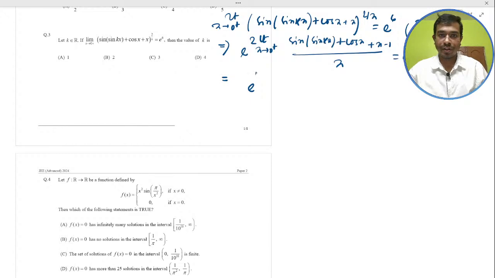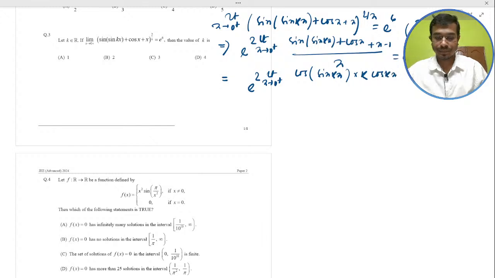This is equal to e to the power 2 limit x tends to 0 plus cosine of sine kx into k cos kx plus sin x plus 1 divided by 1. This is e to the power 6 using the L'Hospital rule.